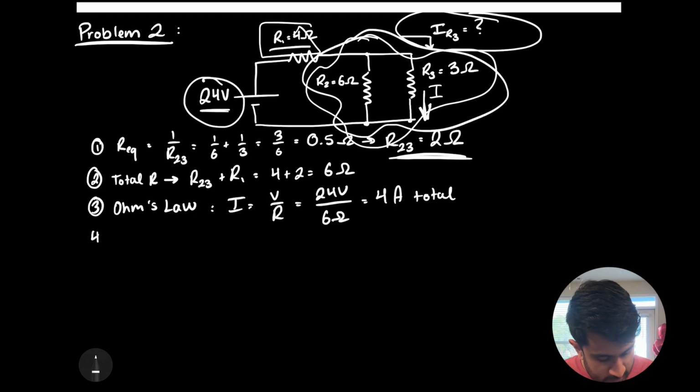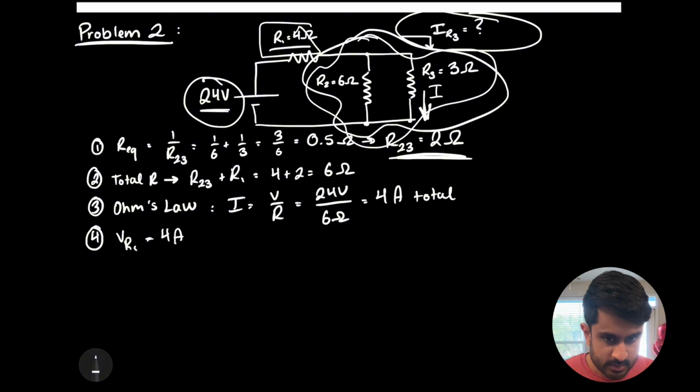The way we calculate that is by simply doing VR1 is equal to 4 amps times 4 ohms is equal to 16 volts of voltage drop across R1.